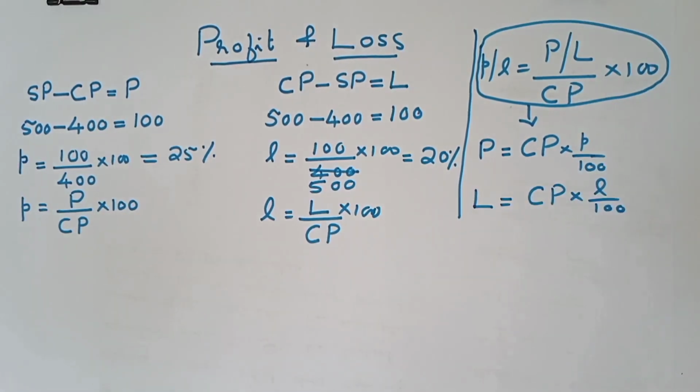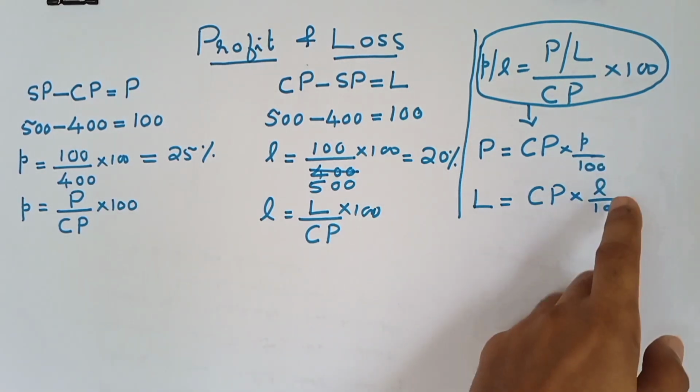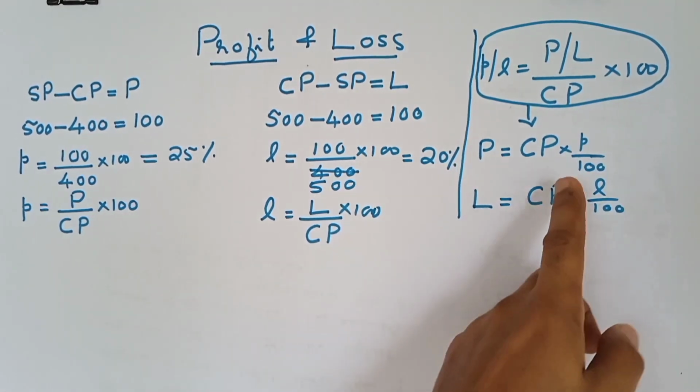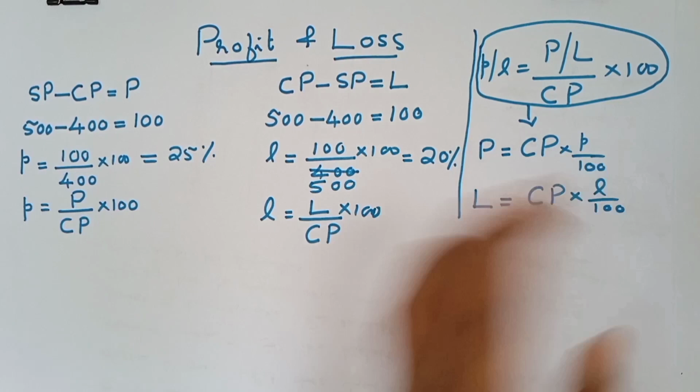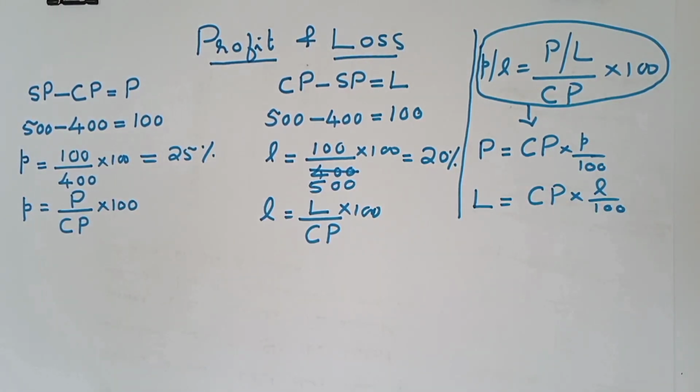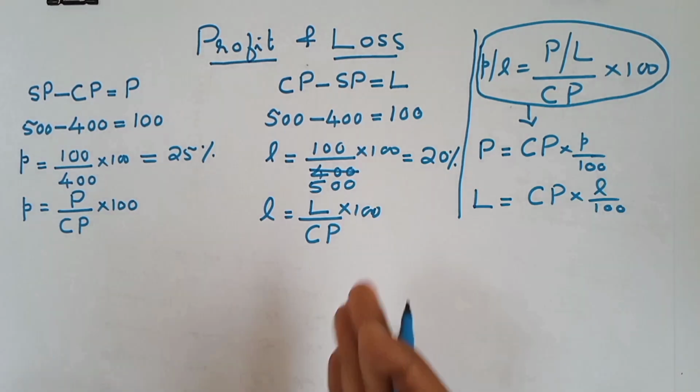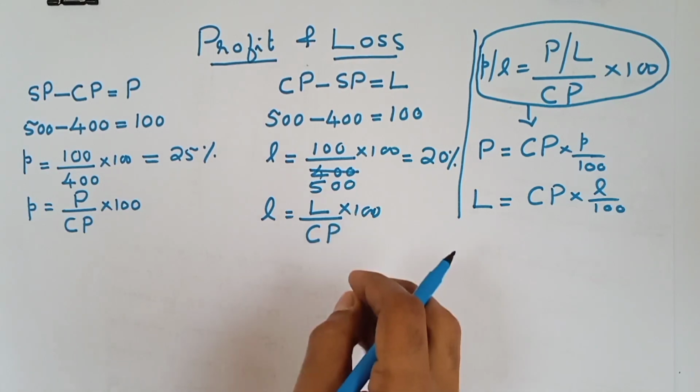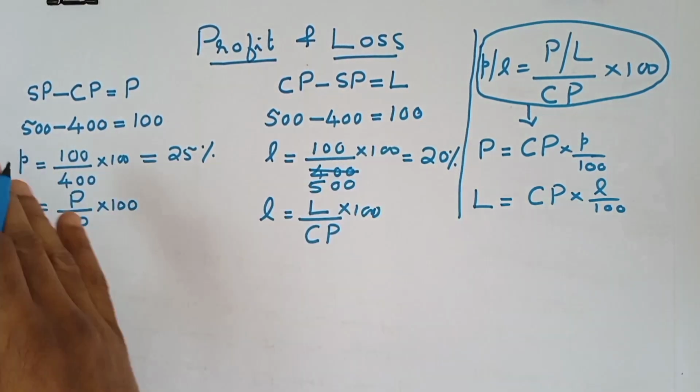So if you know the percentage wise profit or loss, to get absolute profit or loss, you take that percentage of CP. For example, if 20% is the loss and CP is say 1000 rupees, you take 20% of 1000. That's all. Now let's look at some simple examples to illustrate whatever points I've covered here.